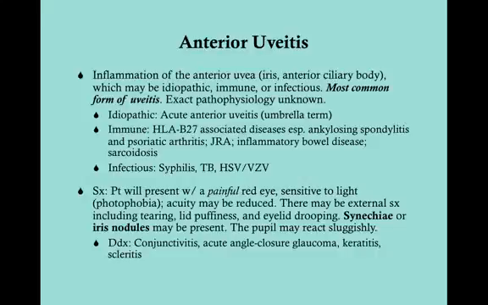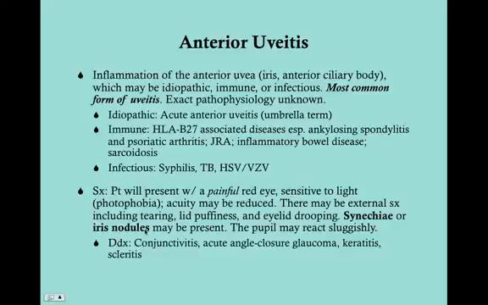You can also see abnormalities of the iris and the pupil, such as synechiae. Posterior synechiae are where you have adhesions of the iris to the lens, and that can be really problematic if you have enough of them.